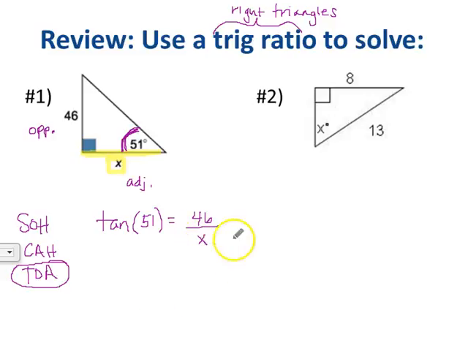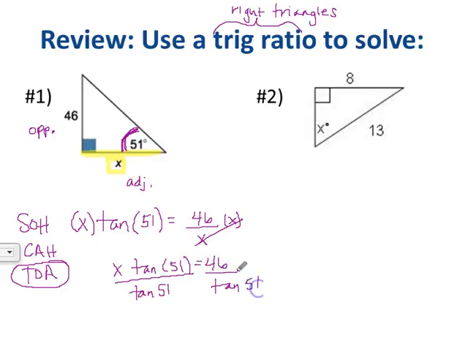Well, first I want to get x into my numerator because right now it's in my denominator. So I'm going to multiply both sides times x. So I have x times tangent 51, and multiplying by x over here cancels those out. Now I've just got x times the tangent of 51 equals 46. To solve for x, x is being multiplied by tangent 51, so I'm going to divide each side by tangent 51.